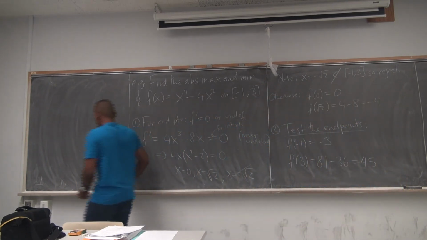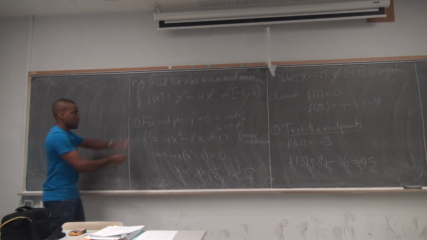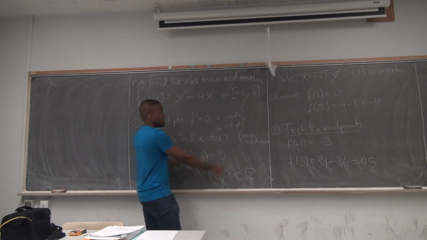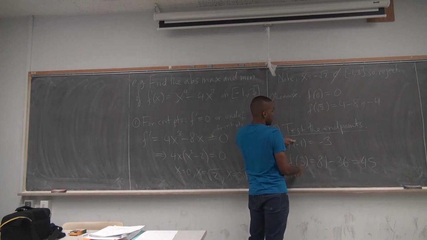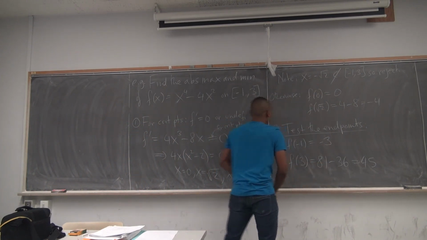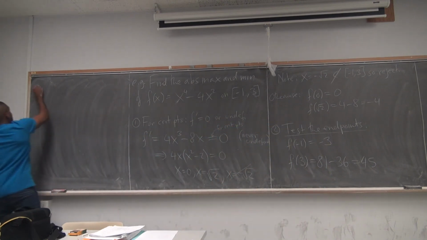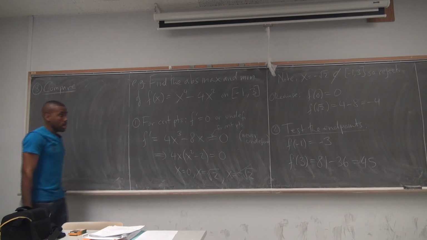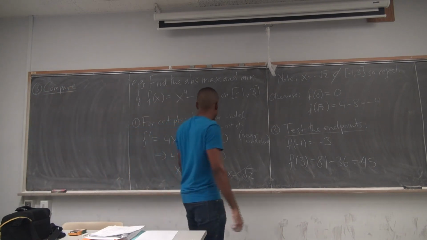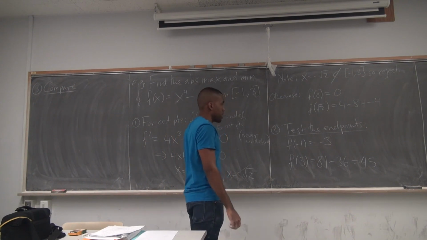Okay, so now the last step. First step, find the critical points, test the ones that are in the interval in the original function. Then you test the endpoints of the interval in the original function. And then step 3, you compare. Meaning, I want the absolute max and the absolute min, which means the absolute max is the biggest value around.